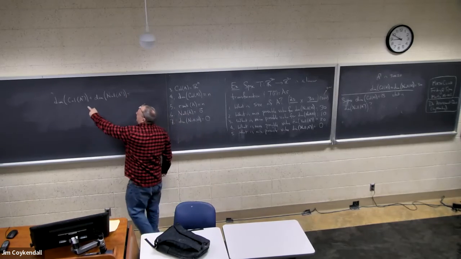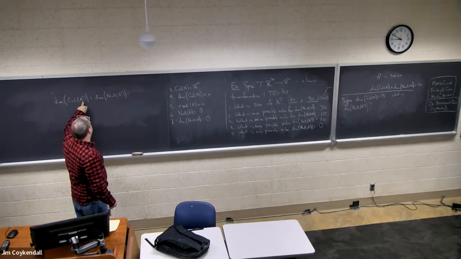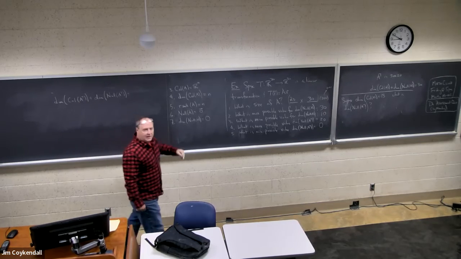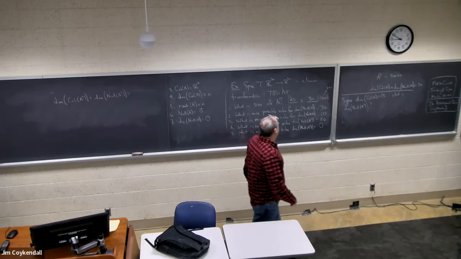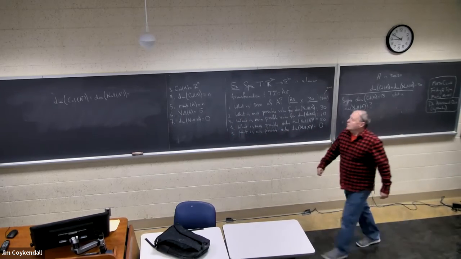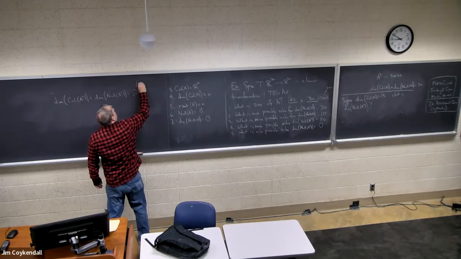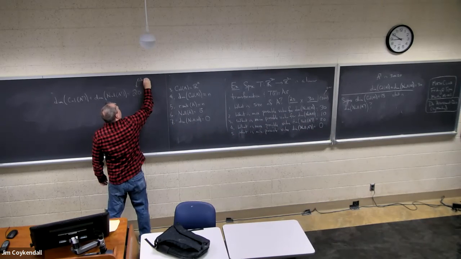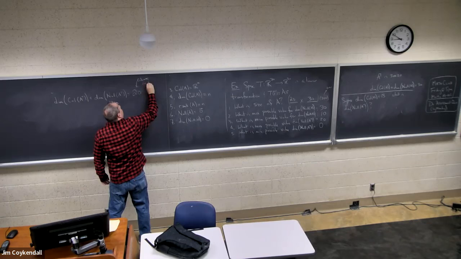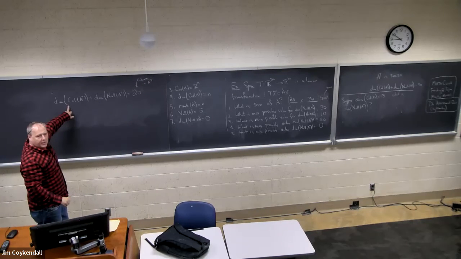Notice I've replaced A with A transpose. The dimension of the column space of A^T plus the dimension of the null space of A^T should be the number of columns in A^T. How many columns in A^T? 20. This is what we don't know. Can somebody tell me what the dimension of the column space of A^T is?